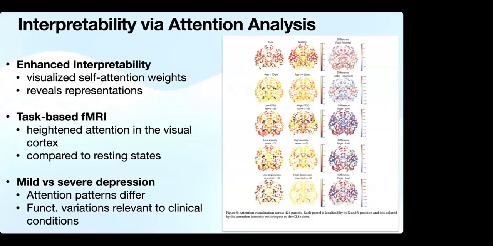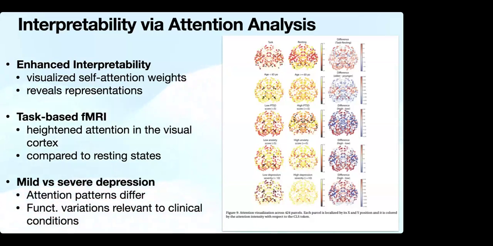But yes, so they also visualized the self-attention weights that were learned. And they were just trying to see, I guess, what kind of representations were learned during training. They also looked at the task-based fMRI, and they were seeing heightened attention in the visual cortex compared to resting states.